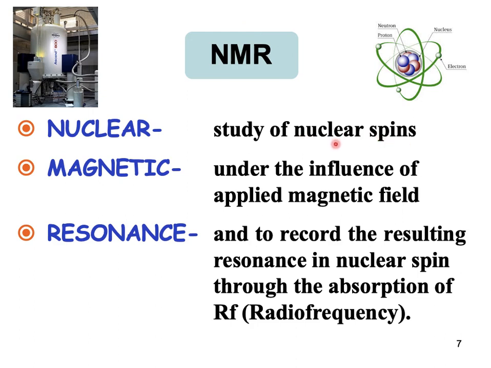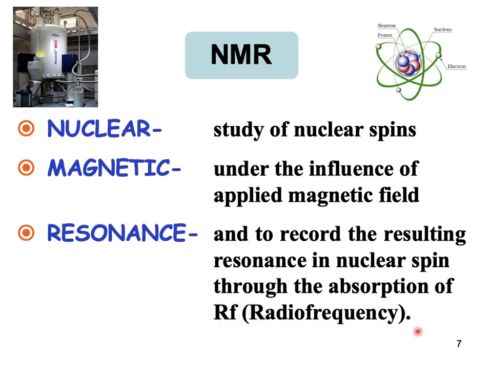All the nuclei of an atom are spinning, right? So it gives information about the nuclear spin when we place the molecule under the influence of a magnetic field, and after placing the molecule under a strong magnetic field, the resonance phenomenon occurs. Resonance is recording the resulting resonance of the nuclear magnetic spin through absorption of radio frequency.